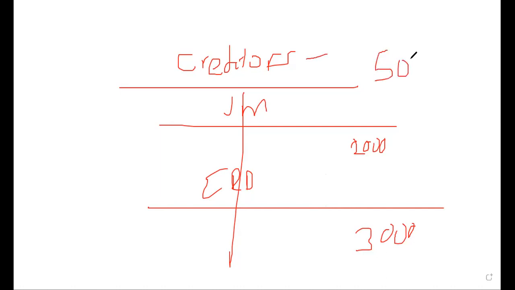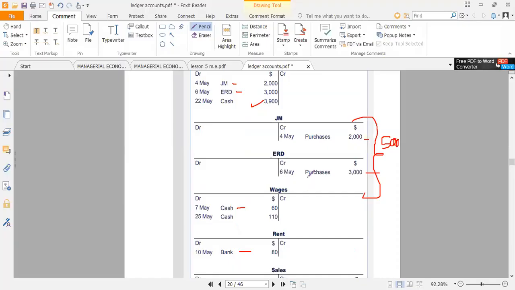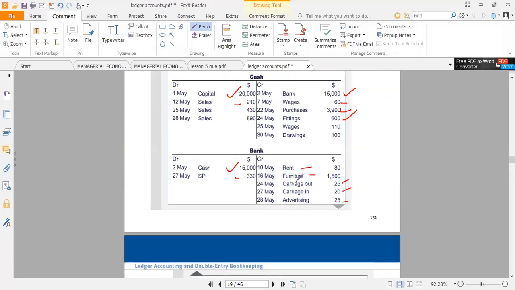Then you're going to post to the trial balance. It's easier like that instead of writing 10 names of personal accounts. I'll teach you that in our next session. But for now, it's mainly about opening the ledger account. Is that clear? Yes, it's clear. Thank you.